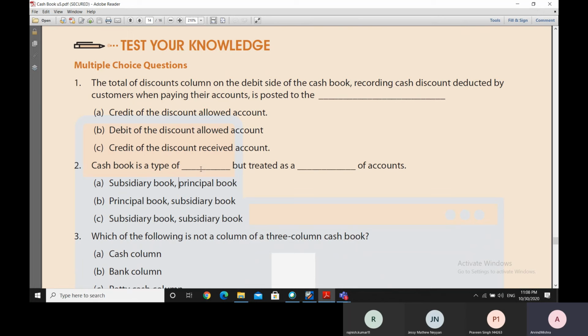So we have to understand whether basically it is a principal book or basically it is a subsidiary book.